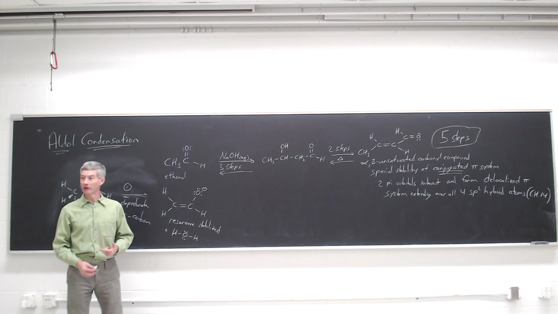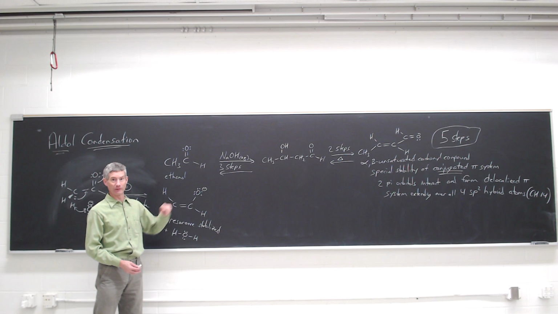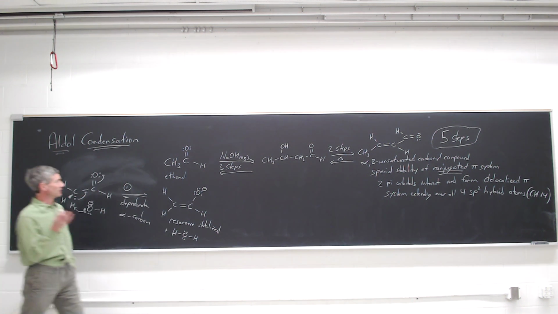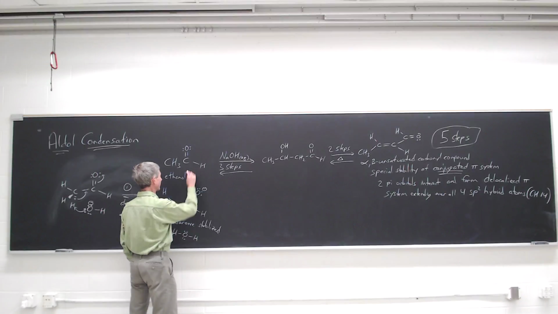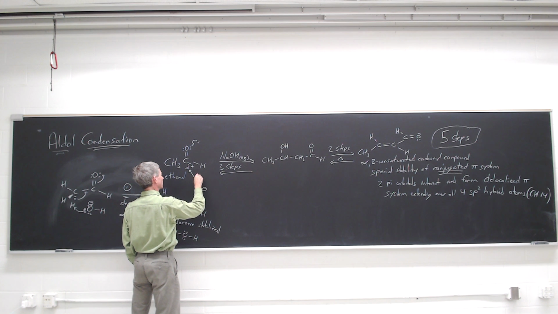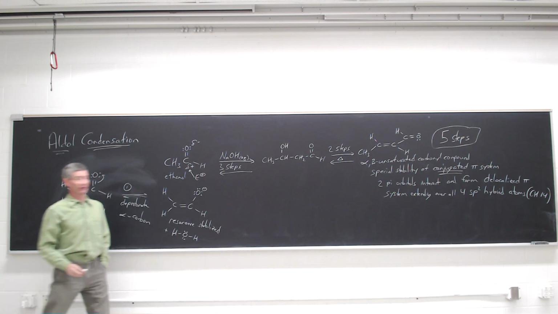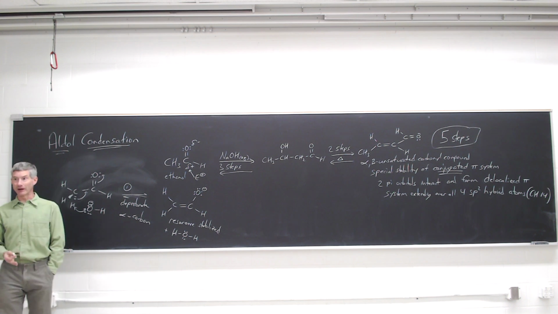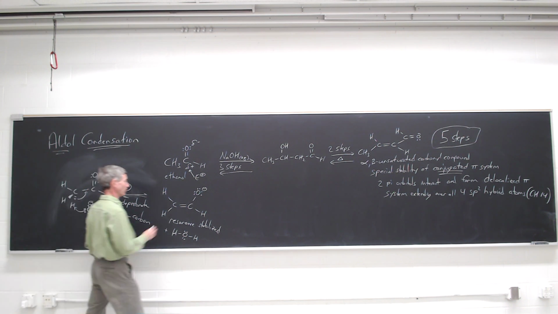And if there were a silicon-chlorine bond, the oxygen negative charge would attack the silicon. But in the absence of any of those, the only electrophile that this is likely to attack is the partially positive charge of another carbonyl compound. And since we only have ethanal in this case, it's going to attack itself.